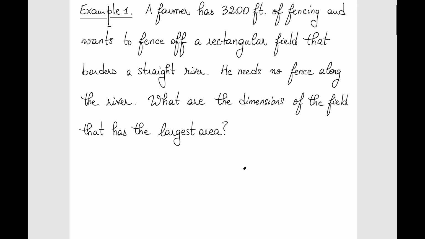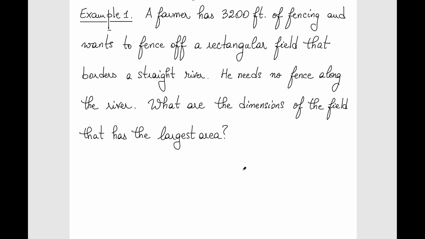So the situation is as follows. You have a river. So the farmer has a river. Okay, let's color it in blue. So that's the river part. And the assumption is that this is a straight river, right?